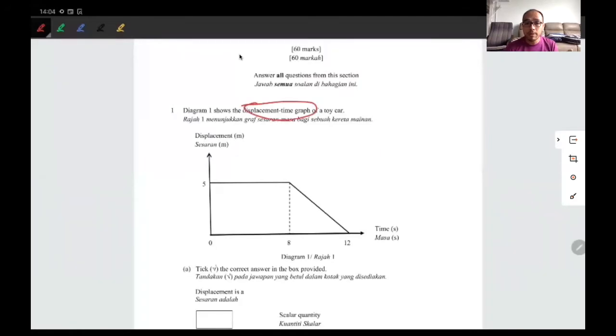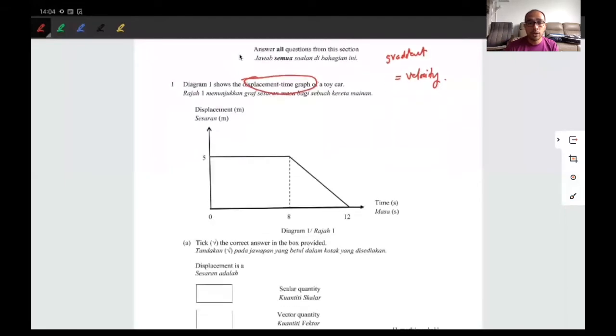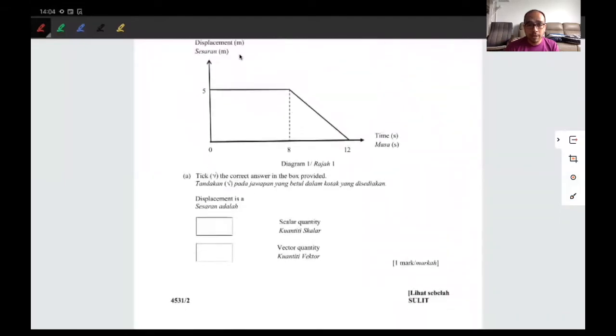For a displacement time graph, there's only one piece of information you need to know, which is that the gradient of the displacement time graph is the velocity. We study this in your maths modern. Kamu punya maths yang bukan admaths, you also do this. So when you calculate the gradient of a displacement time graph, you are also calculating the velocity. It's just a piece of information, not useful in this question today, but I just want to say it so that you know.